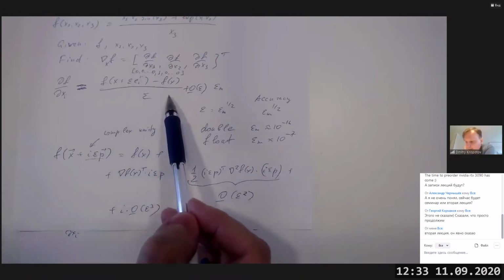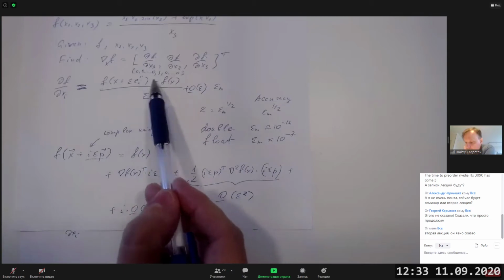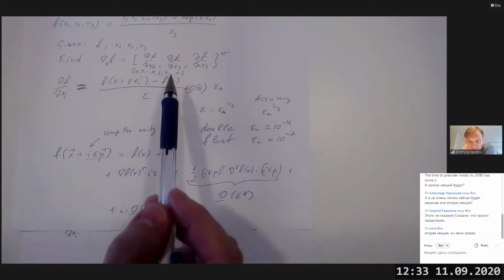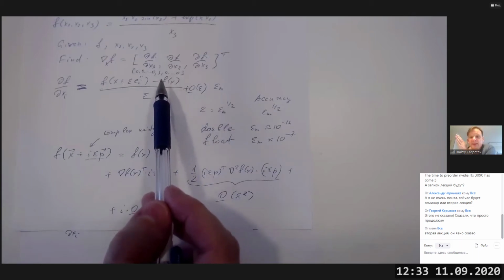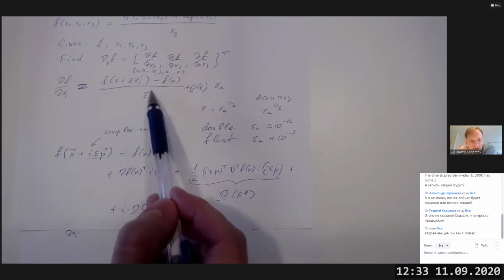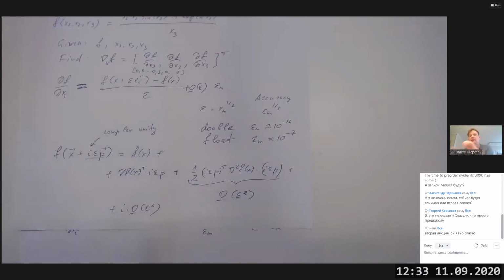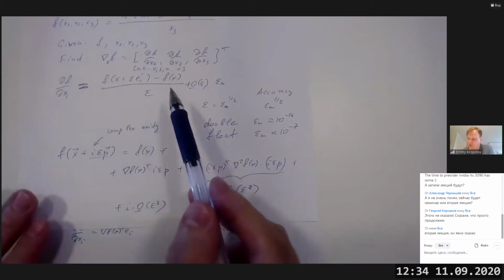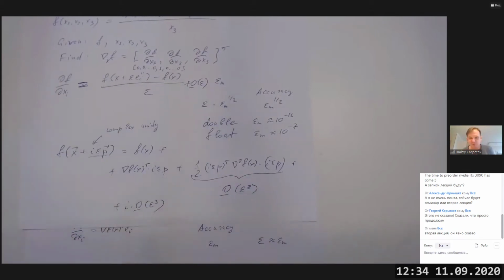After some point, these two values would be very close to each other, and decreasing epsilon would increase the error in the first term. And when you try to explicitly derive the optimal epsilon in this calculation, you need to take the situation when the accuracy here and the accuracy here would be the same. And this corresponds to the square root of machine precision.